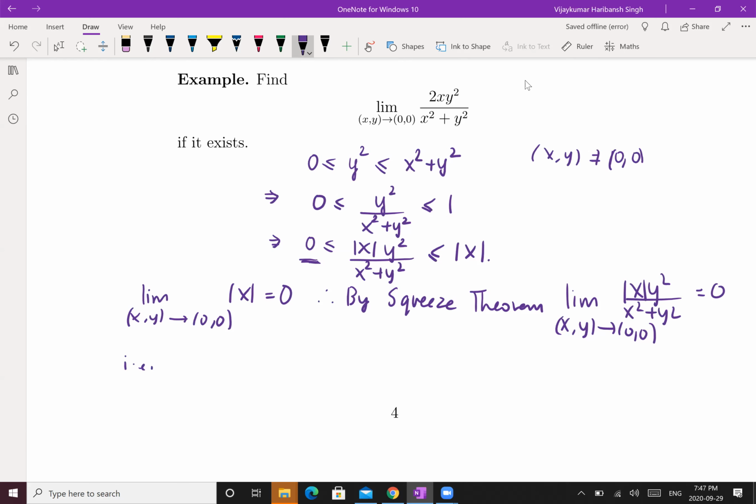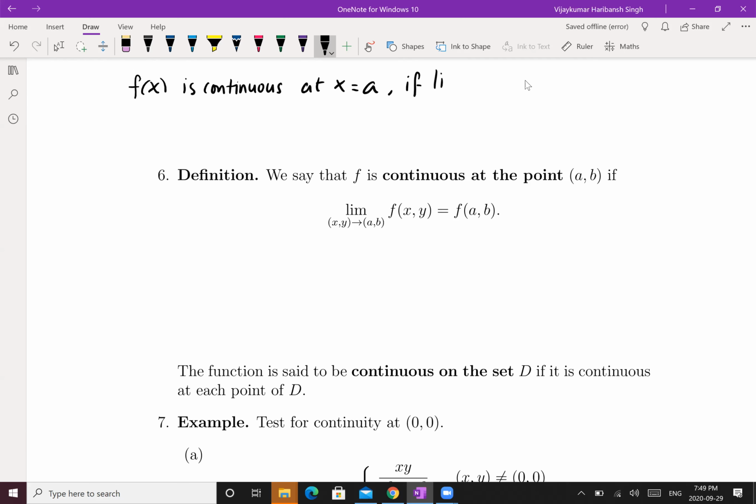Okay. Now comes the idea of continuity. So recall, what was the continuity for a function of one variable? Let's make it clear that it's a function of one variable. So f of x is continuous at x equals a if the limit as x goes to a of f of x is equal to f of a.